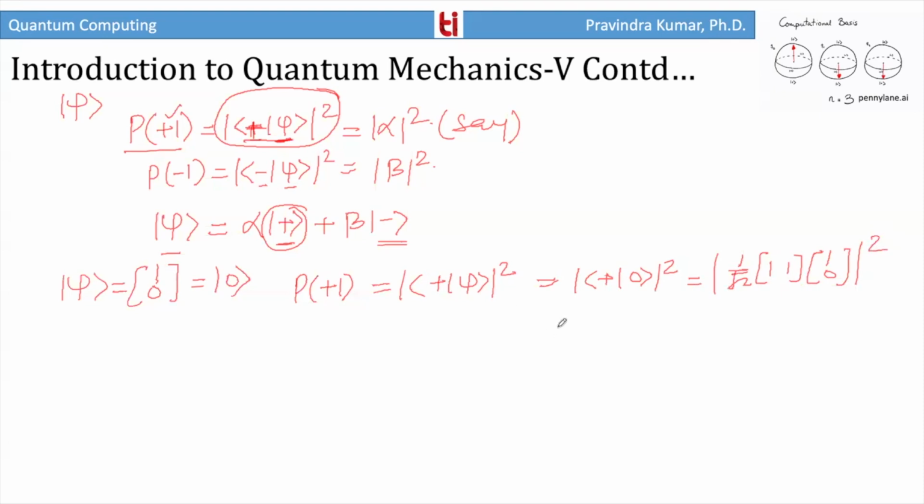So you will get the multiplication of these two matrices. You will get 1 by under root 2 into 1, and mod square, so you will get 1 by 2.